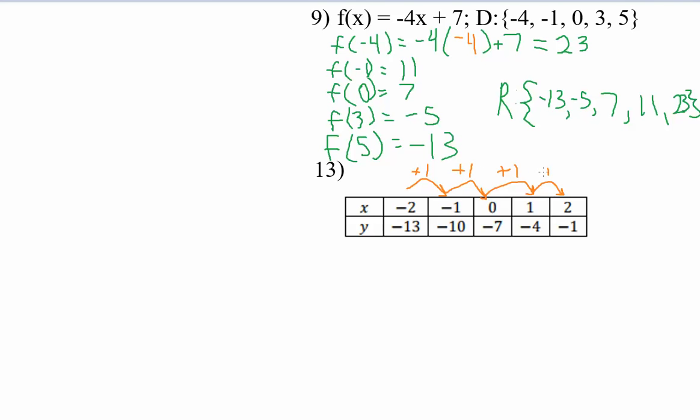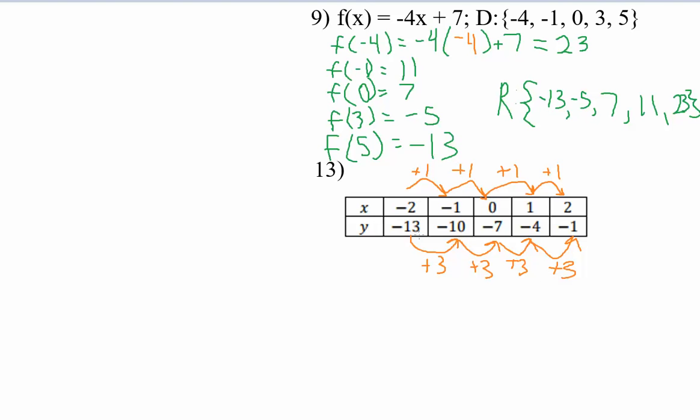So this is going to make things much easier for us. Our y values, if we look on the first one, that's adding 3. That one's adding 3 as well. We've again added 3. And finally, one last time, we've added 3 again.